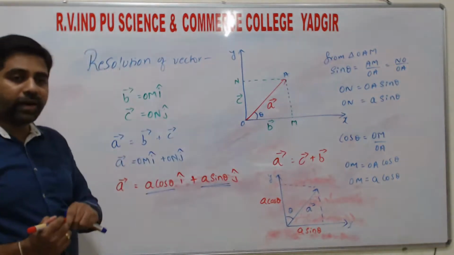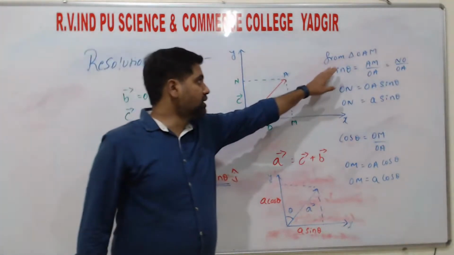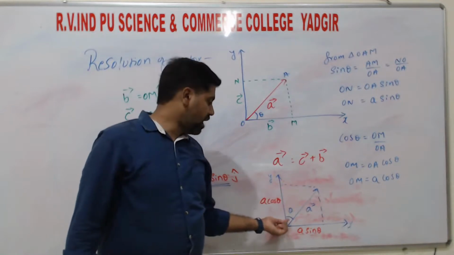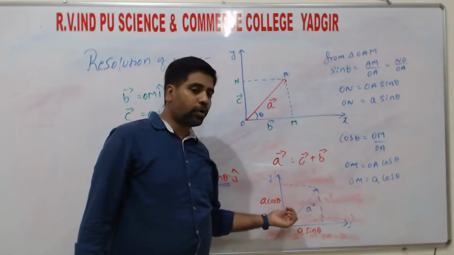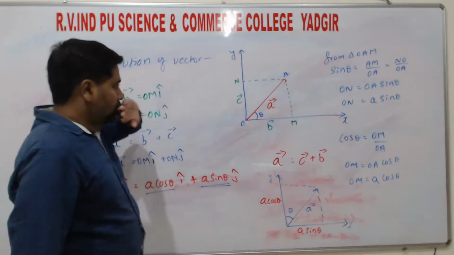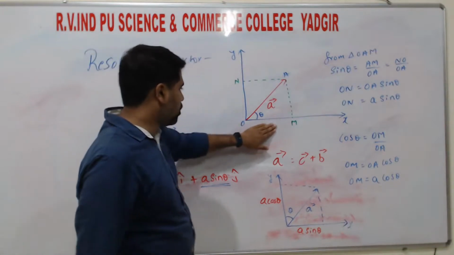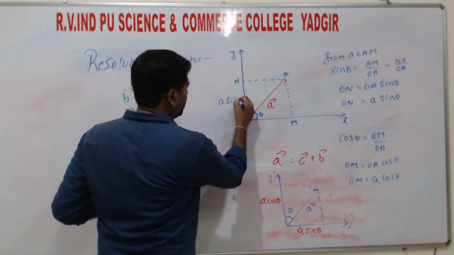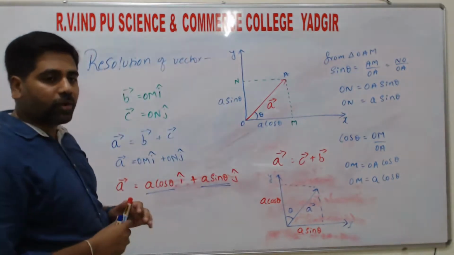Considering triangle OAM, here we have theta, so I will write the components: here we have A sin theta and here we have A cos theta, right?